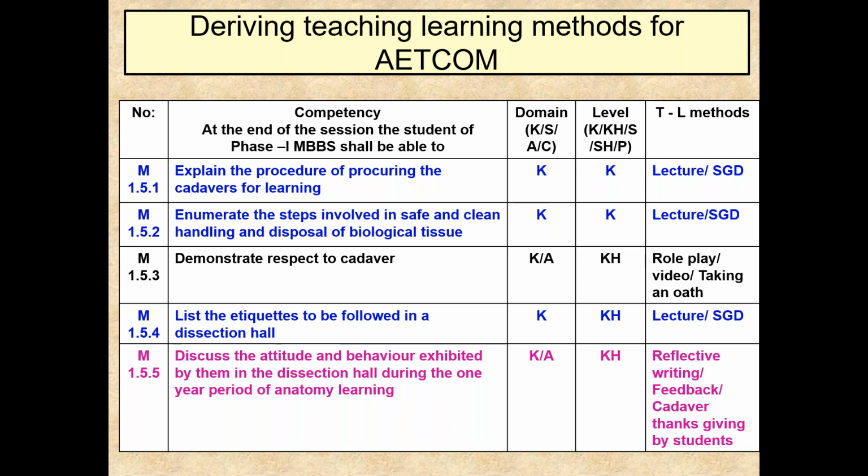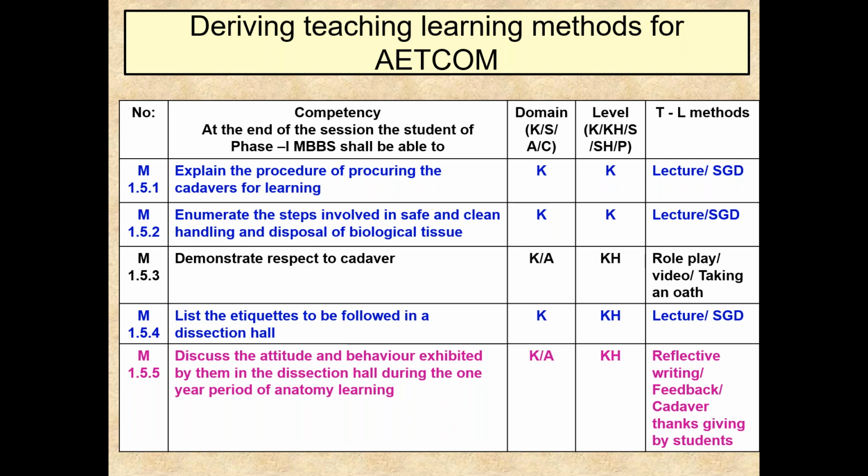When you go to the last one, by the end of the course, that is, discuss the attitude and behavior exhibited by them in the dissection hall during 1 year of anatomy learning. That is a 2 hour session again. There also the affective domain applies. They have to think about how they performed, how they behaved in the dissection hall during that 1 year.